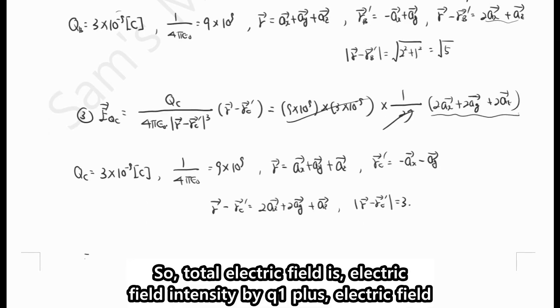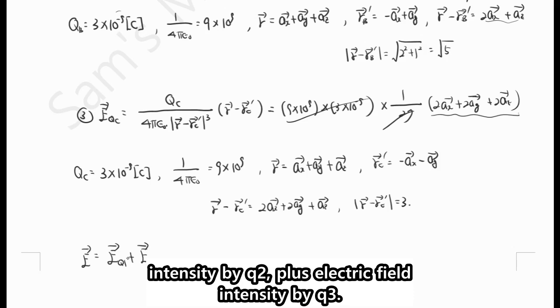So the total electric field is the electric field intensity by Q1 plus the electric field intensity by Q2 plus the electric field intensity by Q3.